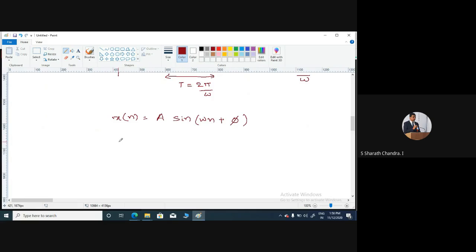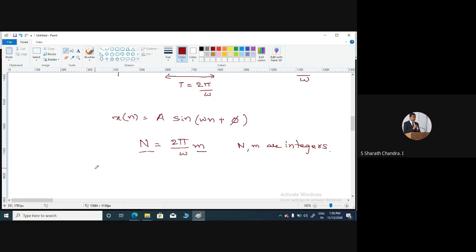And the period of a discrete time sinusoidal sequence can be taken as N is equal to 2 pi by omega into m, where capital N and m are integers.